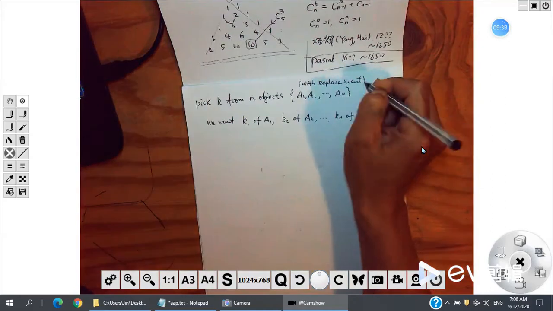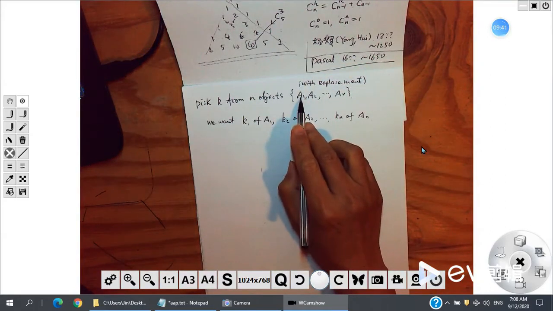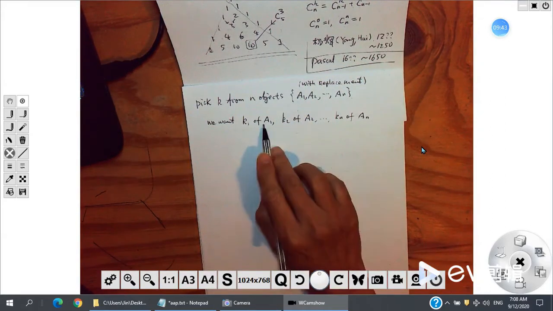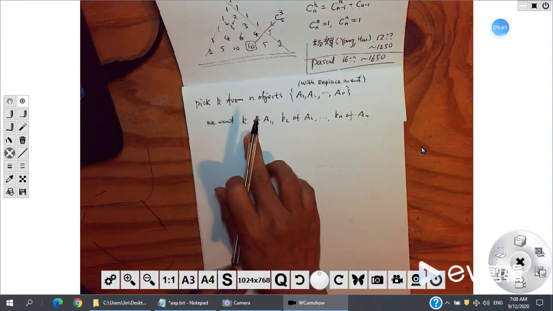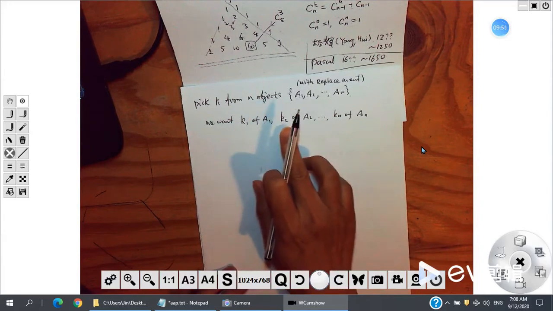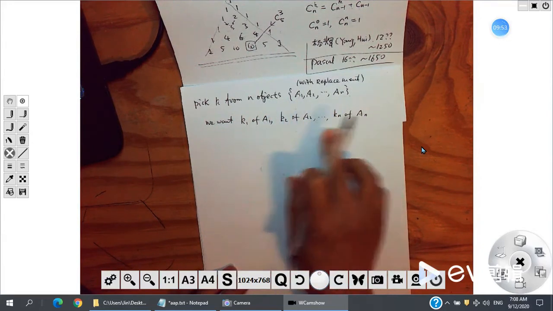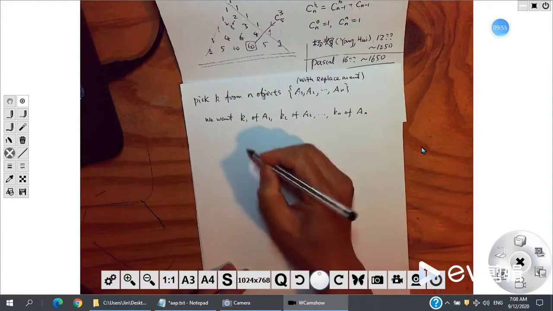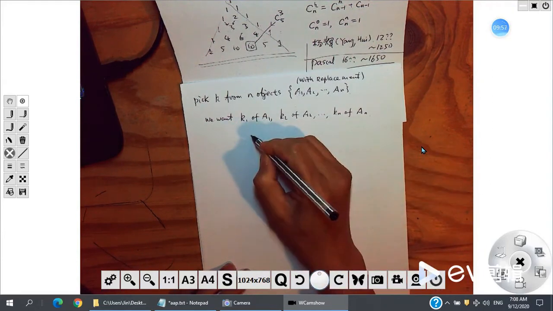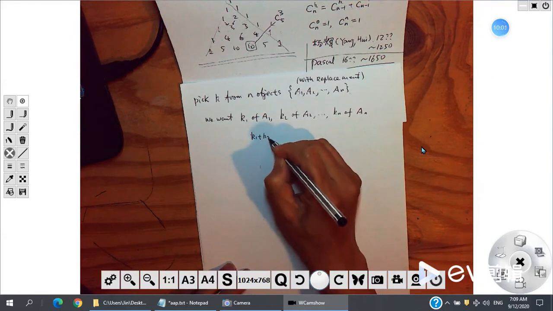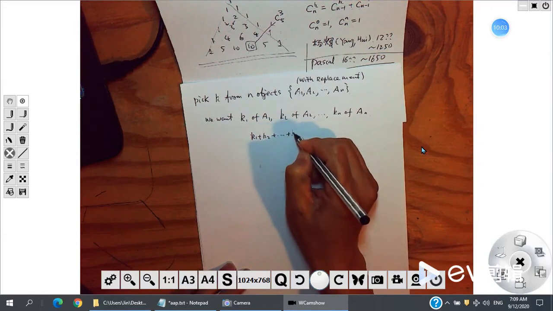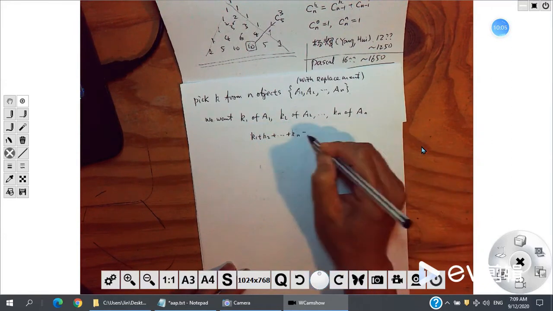We can pick every letter multiple times, right? Every object multiple times. So it's a weight replacement. And we want k1 a1, k2 a2, like this. So totally k1 plus k2 plus kn is equal to k.